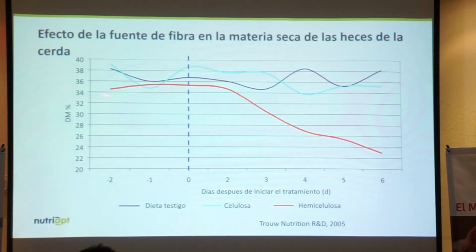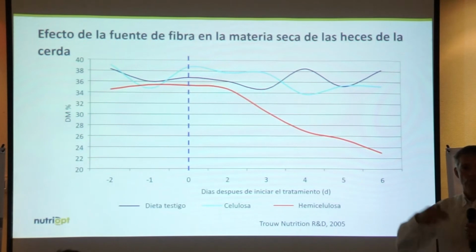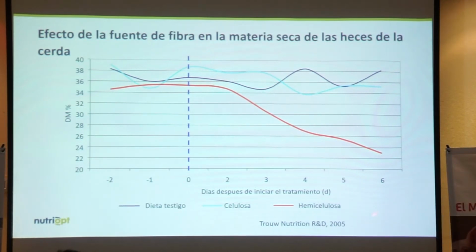When you look at the dry matter content, you see that on the hemicellulose, the wheat bread treatment, we saw that we could get a very nice response on the dry matter content of the feces. The dry matter content went down, so there was more water in the feces, and we had much softer feces compared to the lactation diet and the cellulose diet.